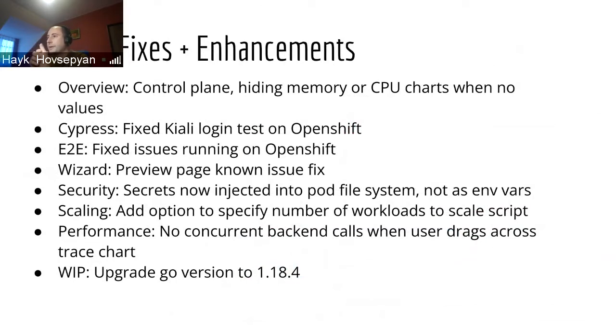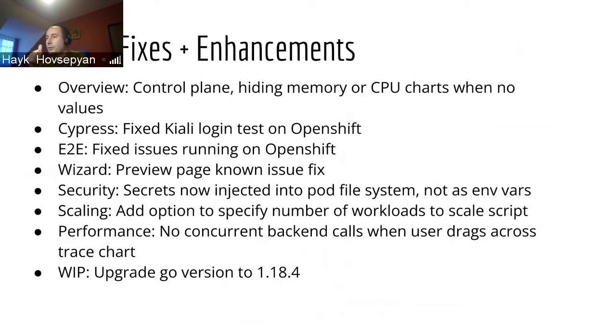Several tests have been fixed or adjusted to run on OpenShift environment, as well as end-to-end tests are fixed and running on OpenShift environment. Then there was a known issue on the Kiali Wizards preview page, where doing preview and cancel was showing the previous state in the preview, which is fixed now.